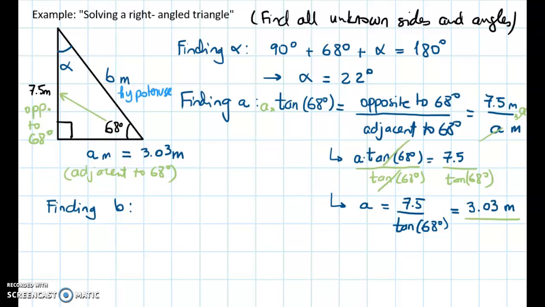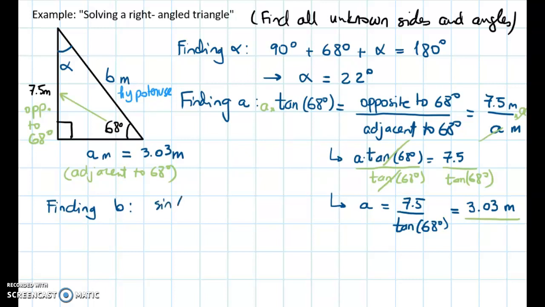So I need to apply a trigonometric ratio that relates an angle, the leg opposite to it, and the hypotenuse. So that is the sine. The sine of 68 degrees is equal to the length of the side opposite to 68 divided by the hypotenuse. So let's write that down.